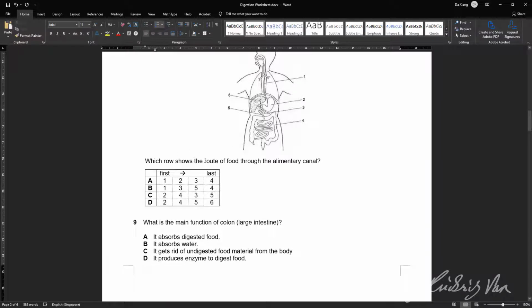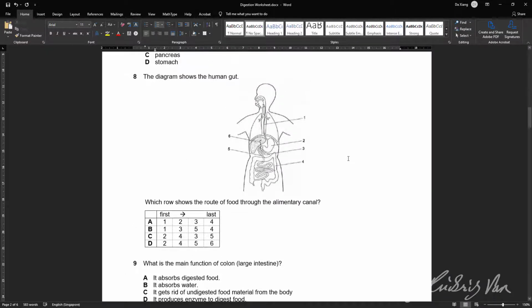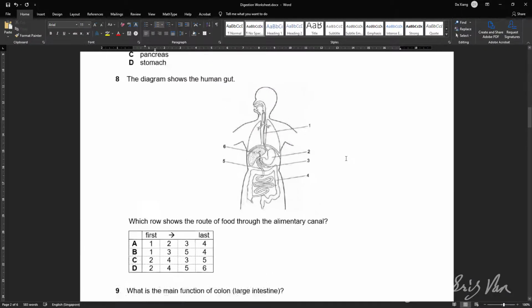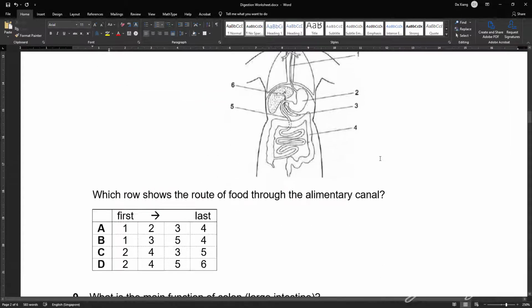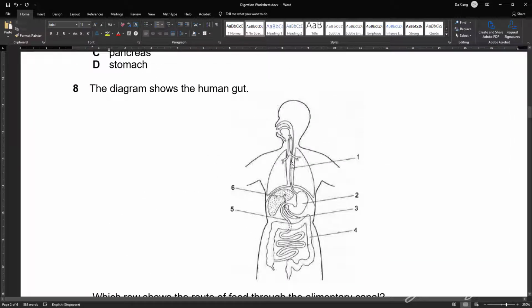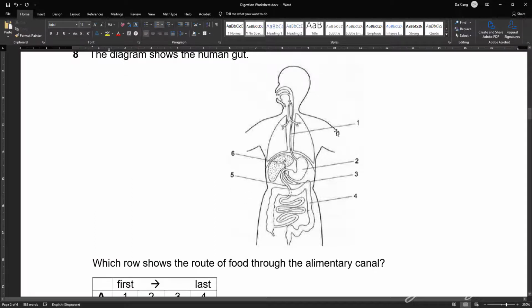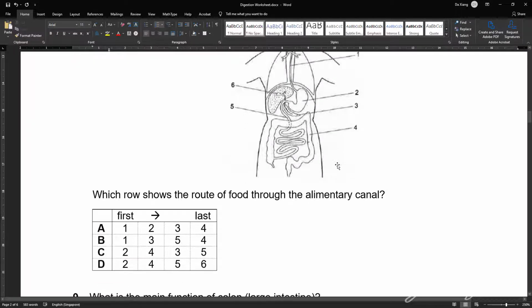The diagram shows the human gut. Which row shows the route of food through the alimentary canal? Now it might be a bit small, so let me scroll. So first it passes through the esophagus, then the stomach. So 1, 2, it doesn't pass through 3 because 3 is the pancreas. So 1, 2, 5 as well as 4. 6 is the gallbladder.